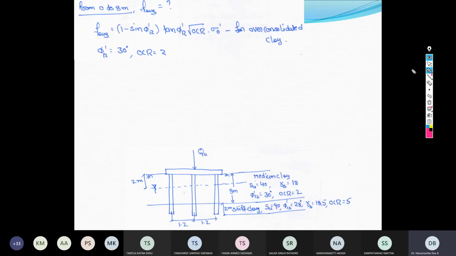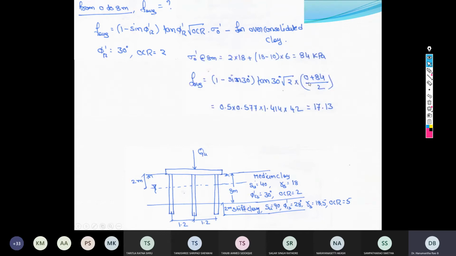For this layer, phi dash is 30 and the over consolidation ratio is 2. Everything is known now; phi dash is known, OCR is known. The sigma naught dash you need to calculate.